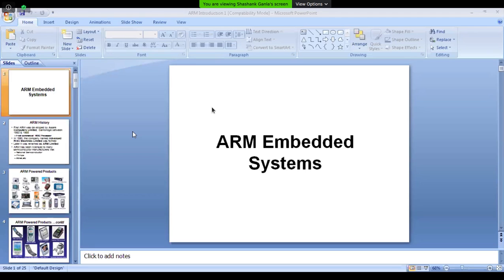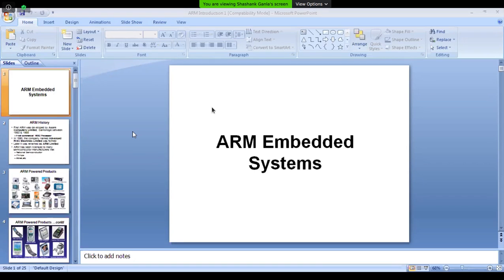But somewhere in the 90s itself, probably one of the partners of Acorn Computers Limited again set up a company called ARM Limited, which stands for Advanced RISC Machines Limited.